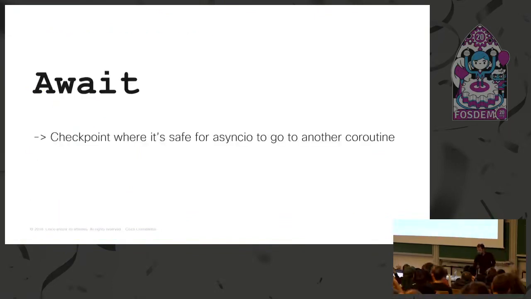So the await keyword means that it's a place where it's safe for one coroutine to move to another coroutine. That's it, basically. Now, in practice, it means a bit more than just that. It also means that you're probably waiting for some I/O to complete, because the problem that we typically try to solve with async I/O is a very I/O intensive application.